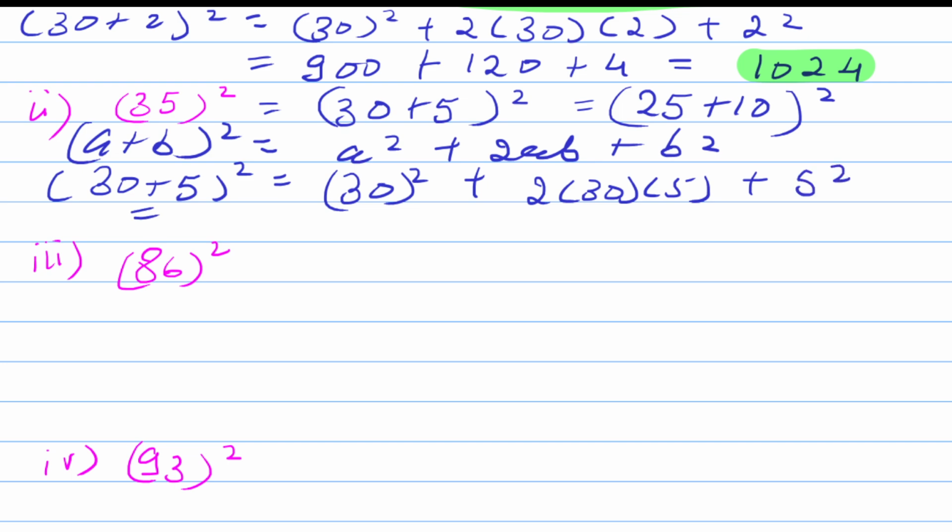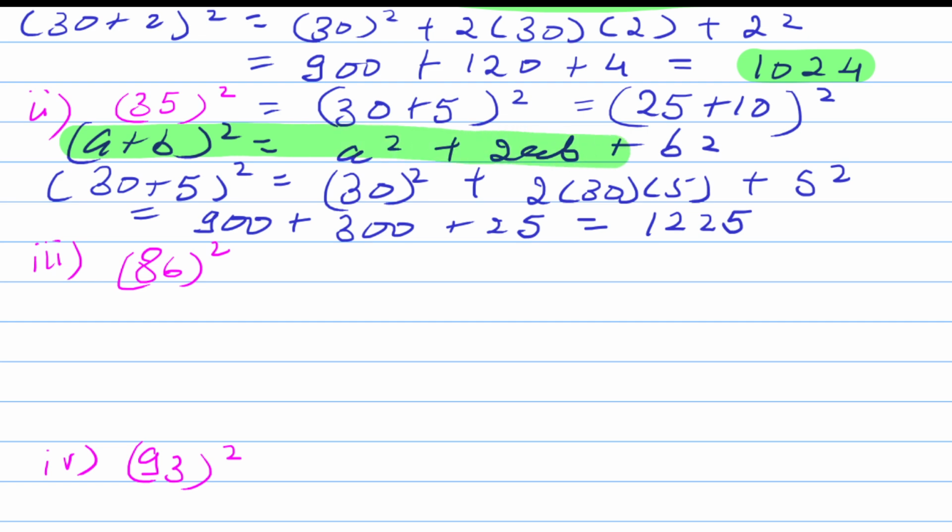I think we all know the squares of these numbers. 900 plus, 5 2s are 10, so that's 300, plus 25 will give you 1225. Very easy, not very difficult. So we used this algebraic identity, and our answer for 35 square is 1225. Next question.